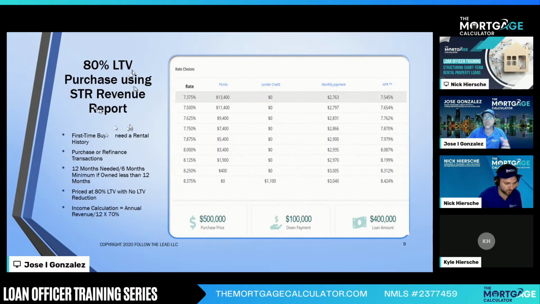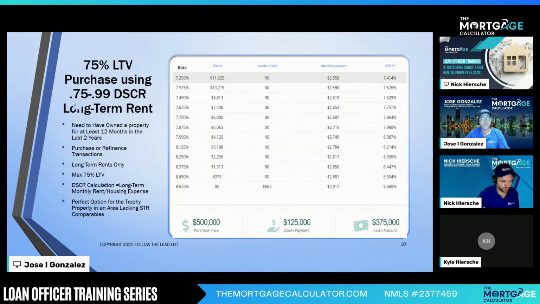They should be tripping over themselves to show you their revenue report so they can charge you the money that they're charging. That makes it necessary to jump through hoops of fire sometimes with these DSCRs on these short-term rental properties. So this is our 80% LTV option using short-term rental revenue reports without any LTV adjustment.